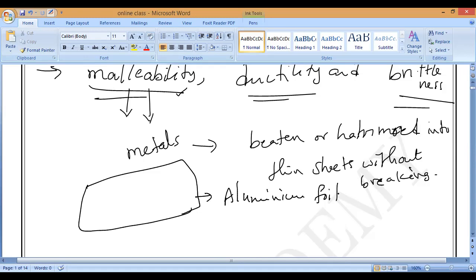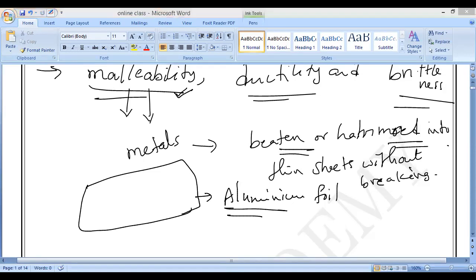We use it to wrap food, for packing food. This aluminum foil is a metal with the malleability property, meaning it is beaten or hammered into a thin sheet without breaking. Remember, that property is called the malleable property.